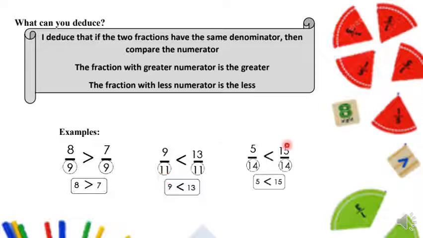The last one, 5/14 and 15/14, same denominators. Look at the numerators. Who has the greater numerator? 15/14 has the greater numerator, so 15/14 is greater than 5/14.